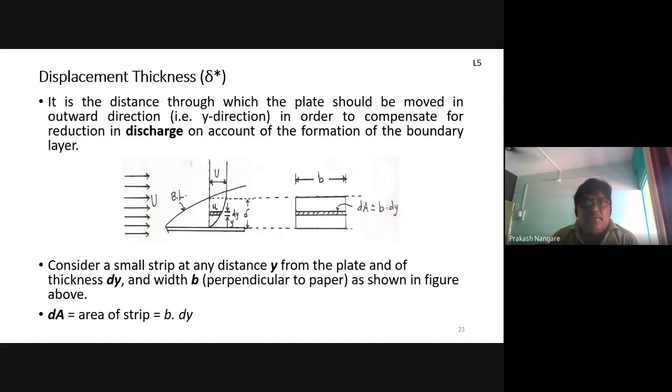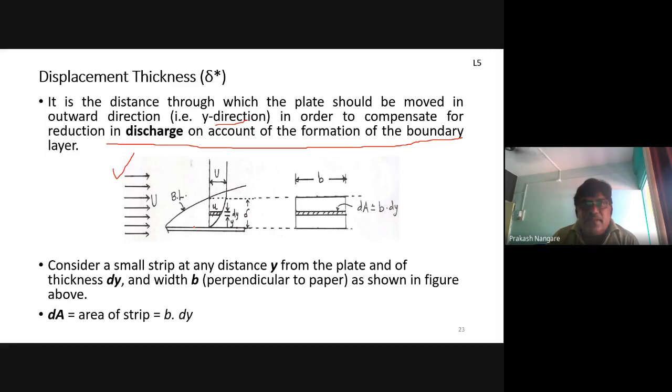Displacement thickness is the distance through which the plate should be moved in the outward direction, that is in the y direction, in order to compensate for the reduction in discharge on account of the formation of the boundary layer. See the diagram, how the flow is separated.